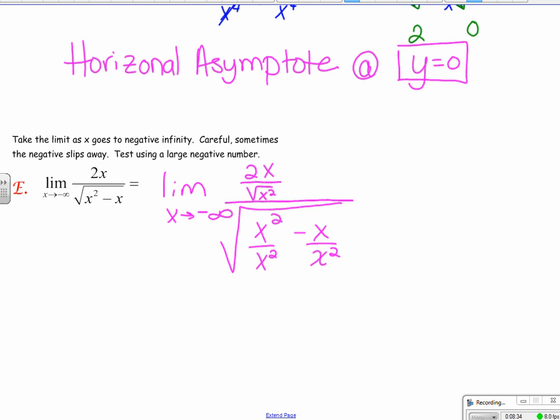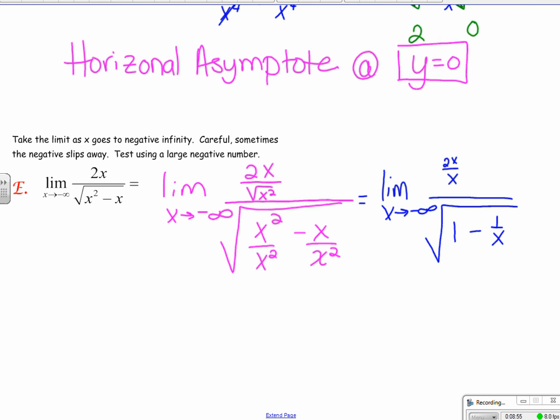So now let's simplify this out. We have the limit as x approaches negative infinity of 2x over x, divided by the square root of 1 minus 1 over x.